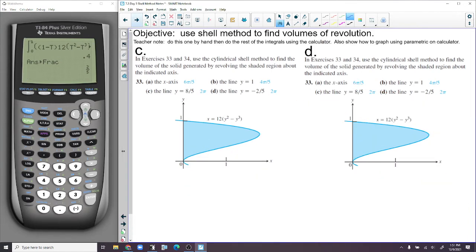Let's try to set up C. It's okay to draw through the typing too.